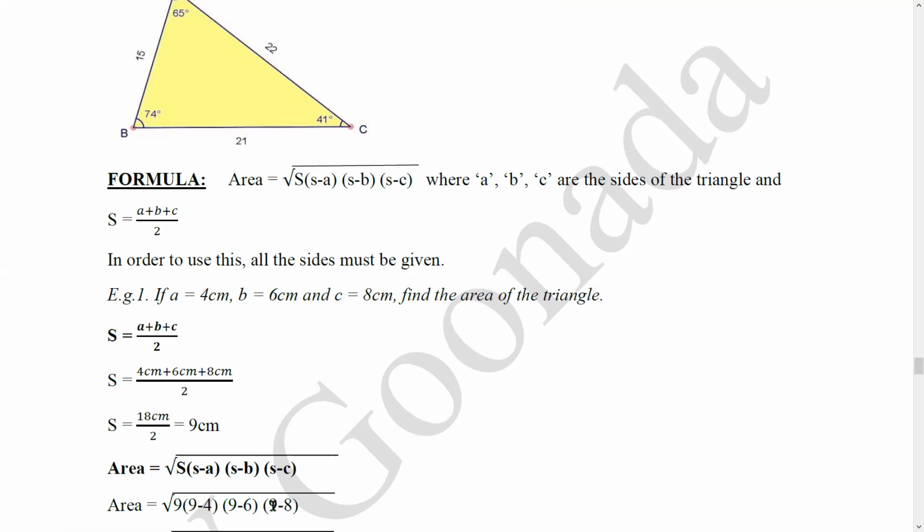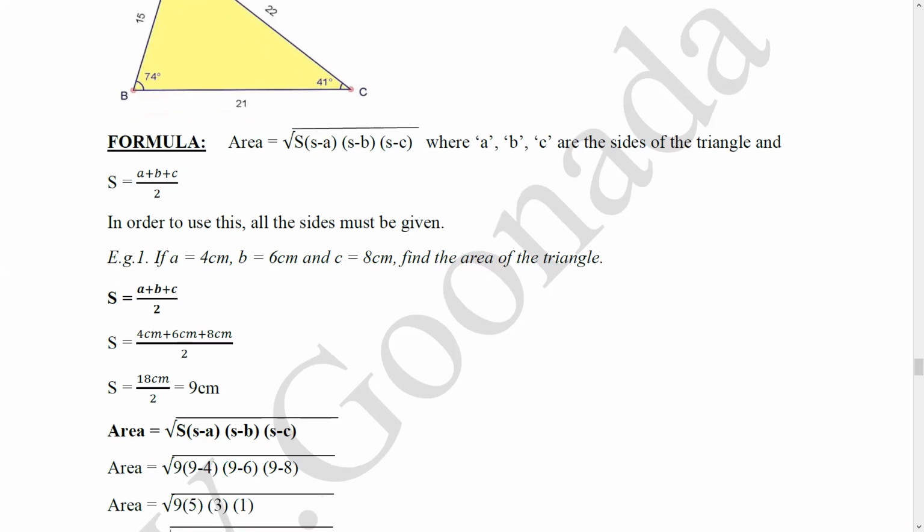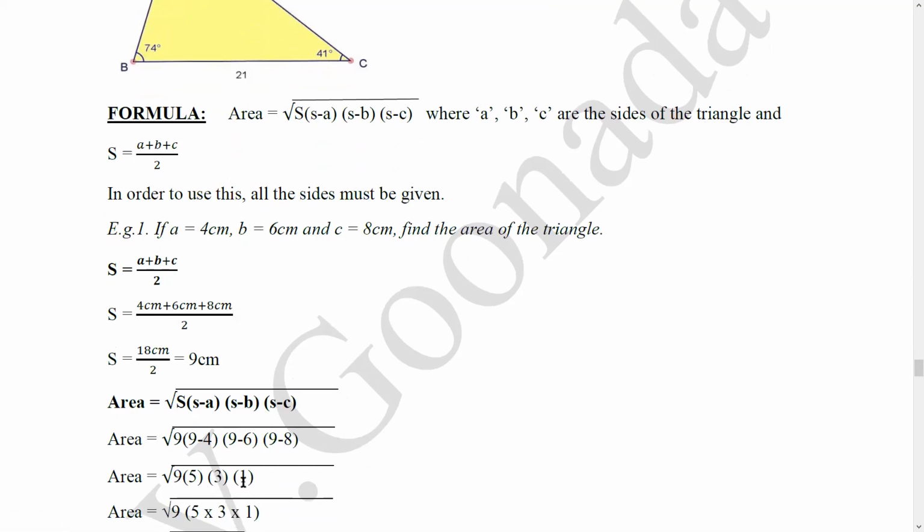I hope you all know where I got these values from. S is 9, so wherever you see S, you put 9, and A is 4, B is 6, and C is 8, right? 9 take away 4 is 5, 9 take away 6 is 3, and 9 take away 8 is 1. So now we can say 9 by 5 is 45, 45 by 3 is how much, anybody?